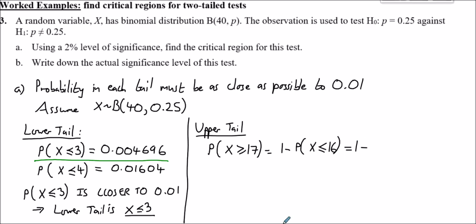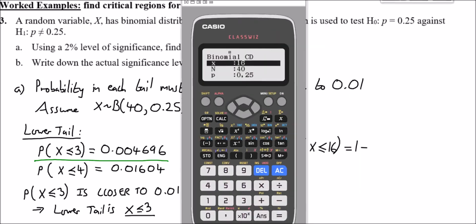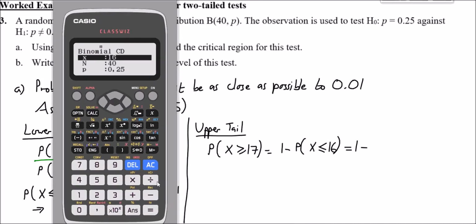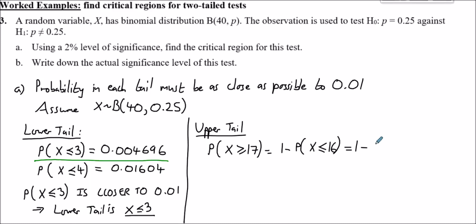Just to refresh our memories, what we had here was 0.9884. So 1 minus 0.9884 gives us 0.0116. That's very close to 0.01. But let's just try going 1 higher, just in case.